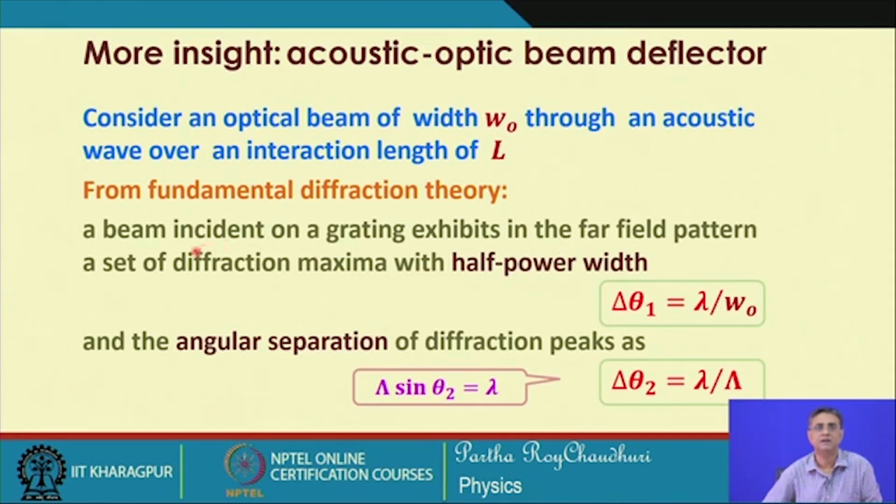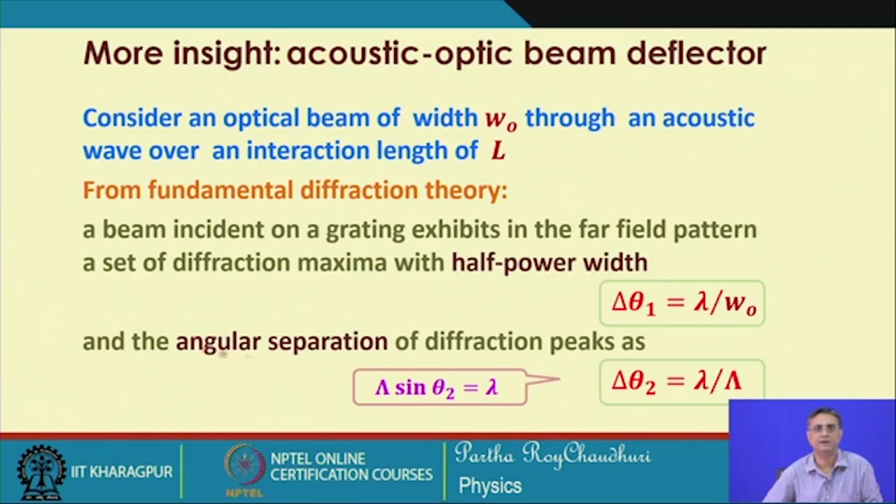One is diffraction by a grating, which comes from d sin theta equal to n lambda. Therefore, delta theta 1 is equal to lambda by W 0, which is the optical beam width. So, the ratio of the optical beam wavelength and the optical beam width gives you the half power width of the diffraction maxima.